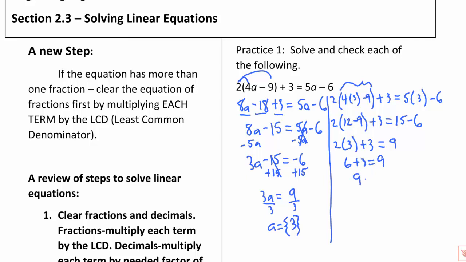So 9 equals 9, and that checks out. Now remember, this is actually called an identity. So 3 is the solution to this equation.